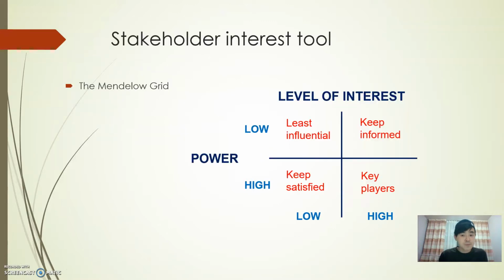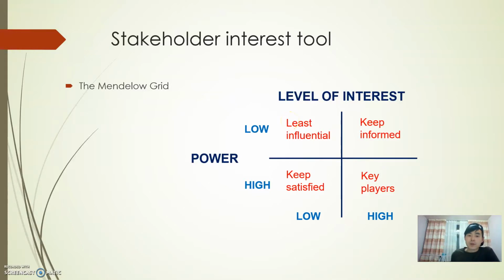So I'm going further. Stakeholder interest tool. Well, the Mendelow grid. Level of interest and power. So you can plug your stakeholders in this interest tool, but for every company it is different. That's because every company has different situations.